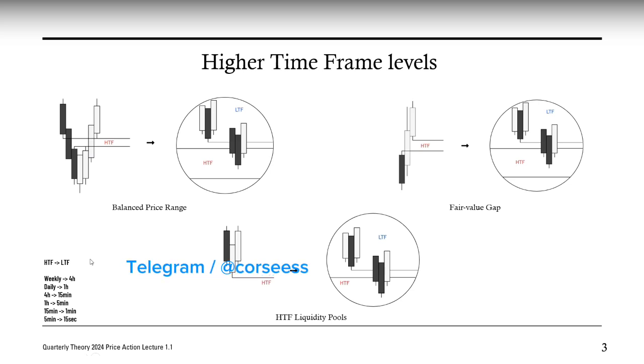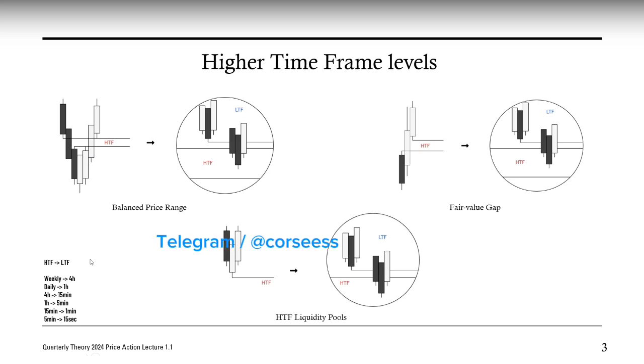You need a lower time frame low, which is located above a higher time frame level, right? You can have the low inside of the higher time frame level, but it must be above equilibrium, right? Which is the center of the higher time frame level, which we are looking at in regards to imbalances, right?